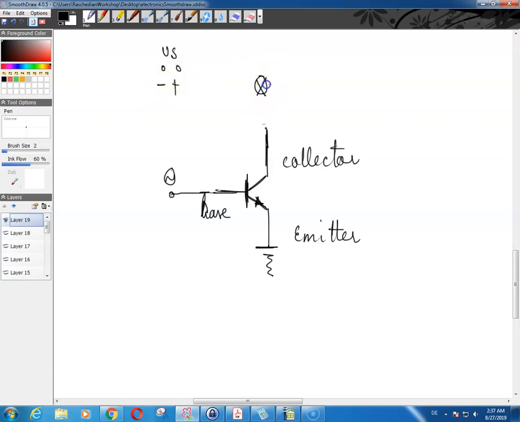So your lamp can go to ground here, and from here it needs to be connected to the positive pole of the power supply, and this is of course the negative pole of your power supply. So then the collector emitter junction of your transistor is just acting as a switch.